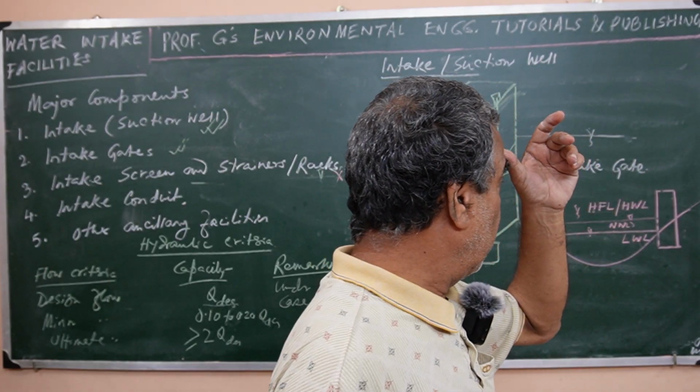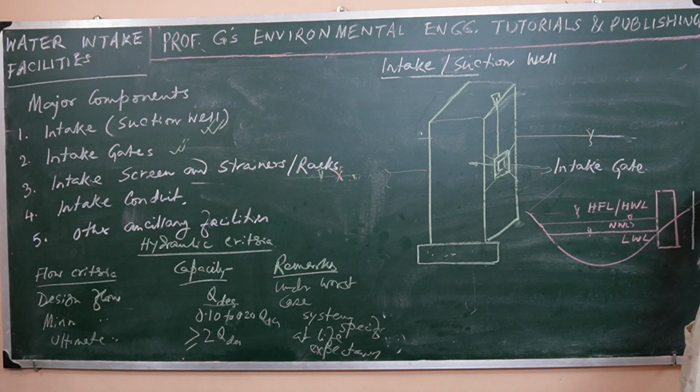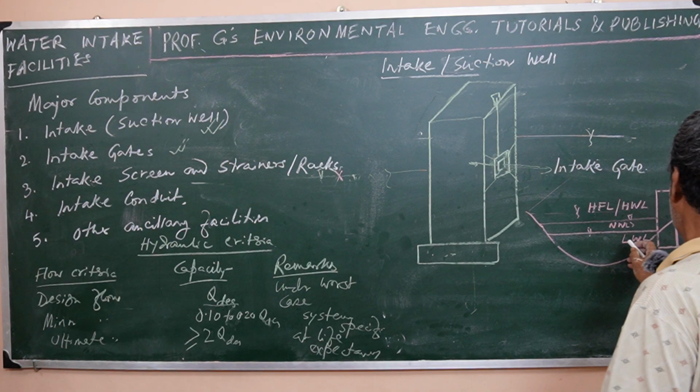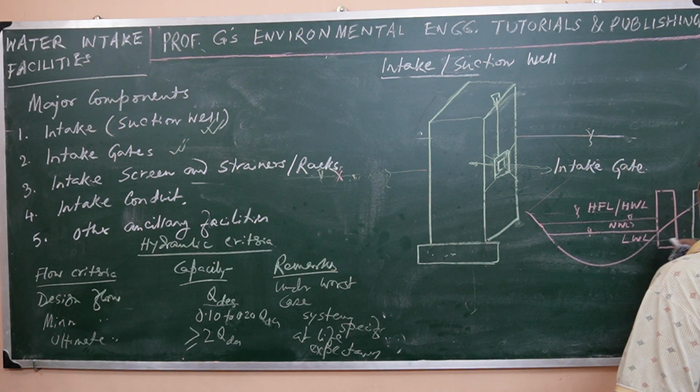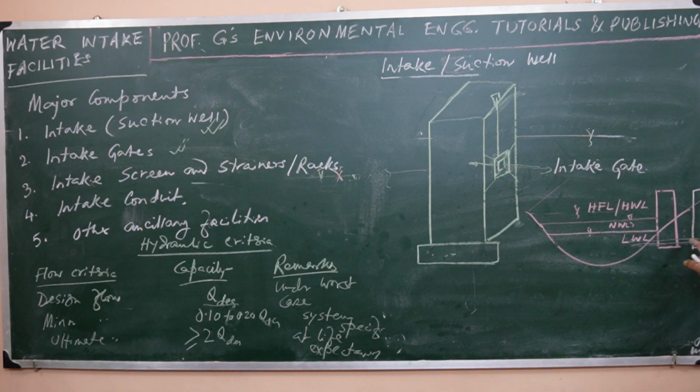It may so happen that, suppose I'm drawing here, away from that, this is the intake here, and from here it is drawn through a pipe, intake well or intake conduit also, right? In that case it is coming by gravity, or when it is pumped also, then I am just showing a line diagram. Suppose the pump is placed here, right? So this would be the normal water level, it would be here also.